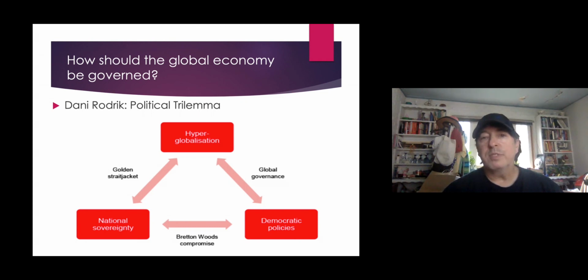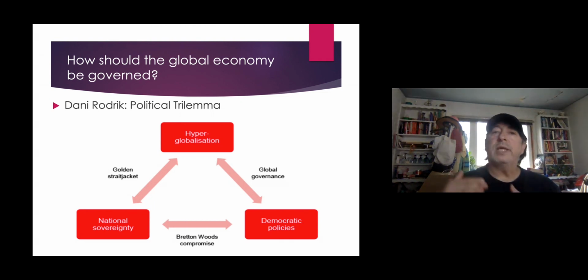We want hyperglobalization. We want to have free markets, but we also want to have some democratic input. What we could do is create global institutions that, through democratic demands, raise the level of standards for the global economy. For instance, worker standards or welfare programs would be protected not at the national level but at the global level.